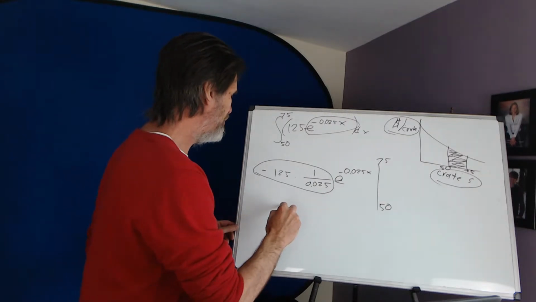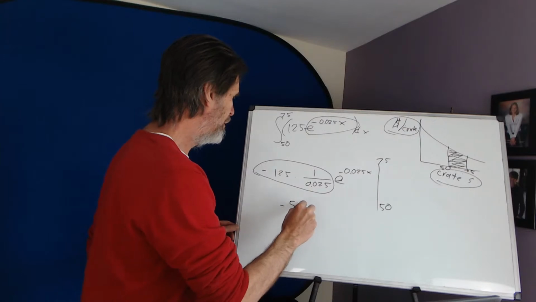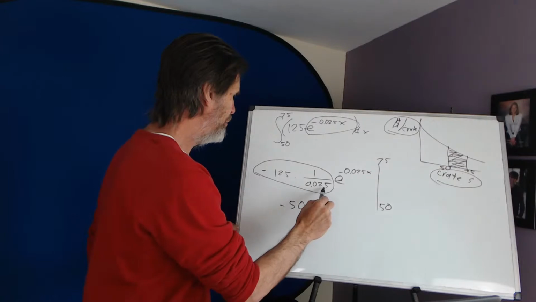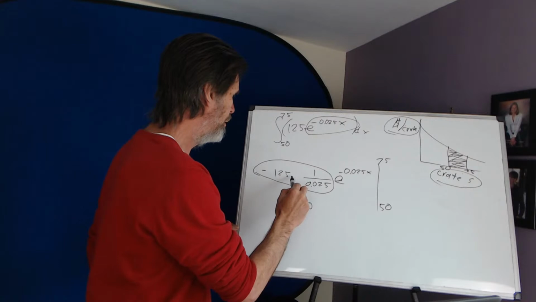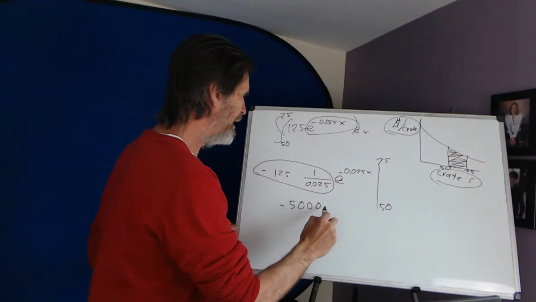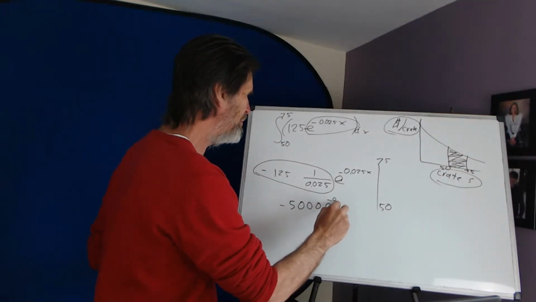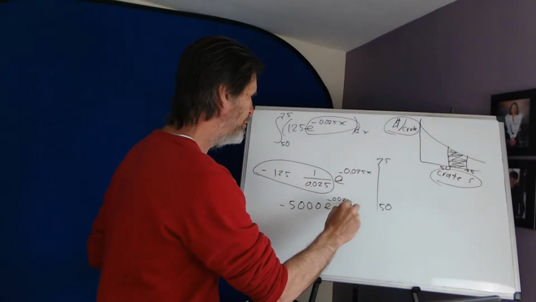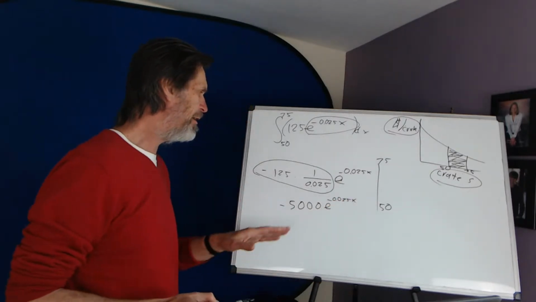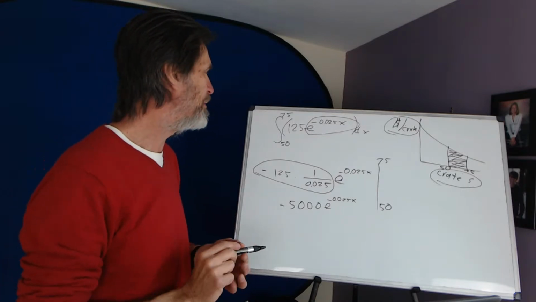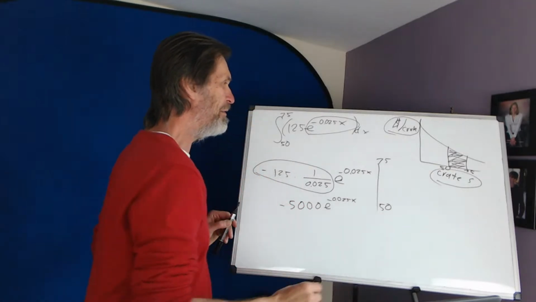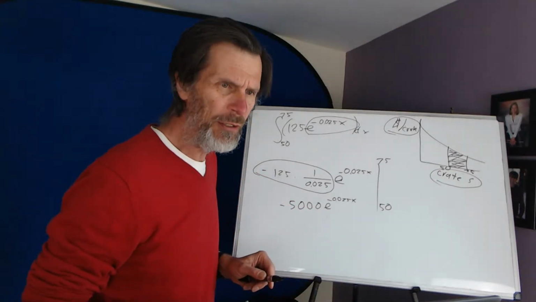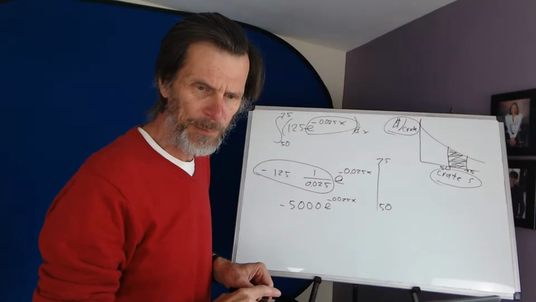I think this is, get the decimals right, 1 over 0.025 would be 40, so negative 5,000 e to the negative 0.025x. Someone with the calculator, double check that for me, please. And if that's right, then we'll be able to evaluate that at 75, evaluate it at 50, and do the subtraction. So let's work that all the way through.